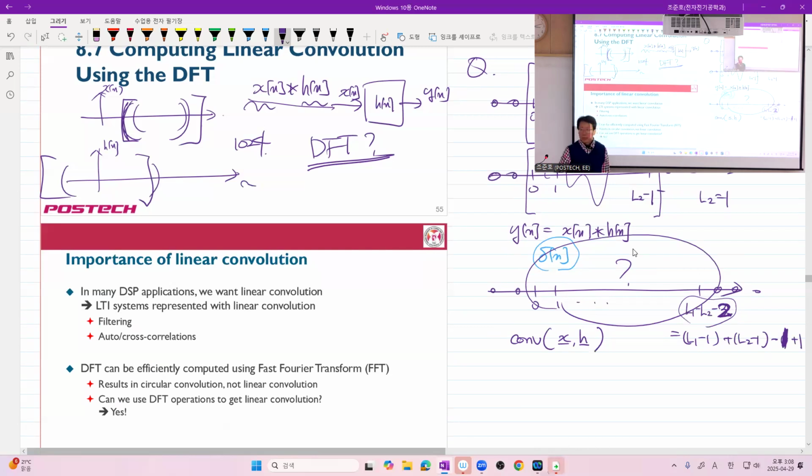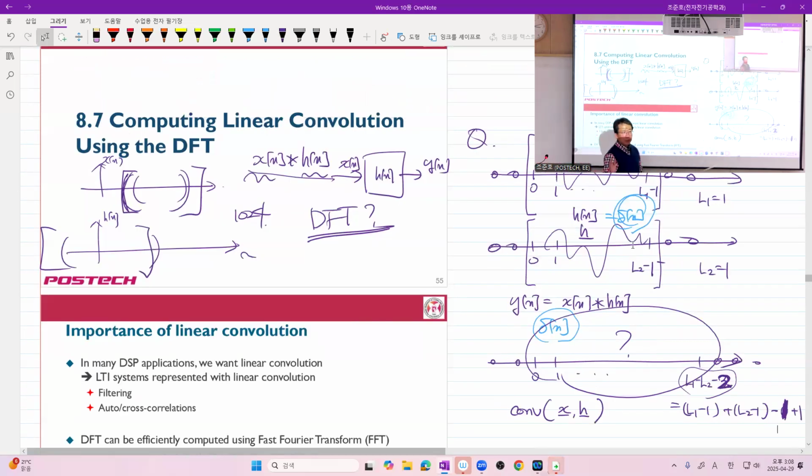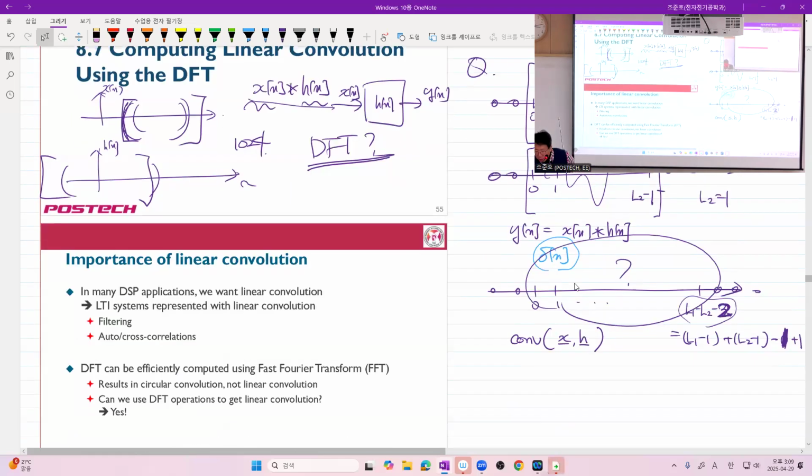Always confusing. Now, suppose your vectors x and h are very long. Then this convolution is what? Each convolution involves a lot of terms, right? Because the discrete time convolution is defined as a summation, as you remember. Let's introduce the summation variable k. Then what do you have?